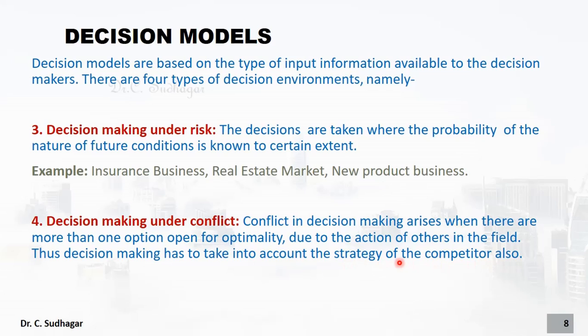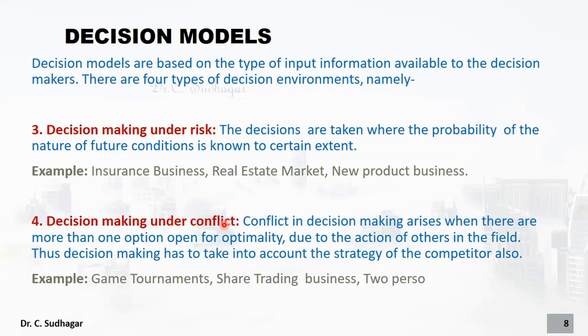So here it involves more than one person and more than one option for optimality. For example, games, tournaments, share trading business, and two-person zero sum games. Particularly in games, we don't know what the opponent will do. In a football game, when you throw the ball, we don't know who will come to hit the ball and whether he will be able to stop the ball or not.